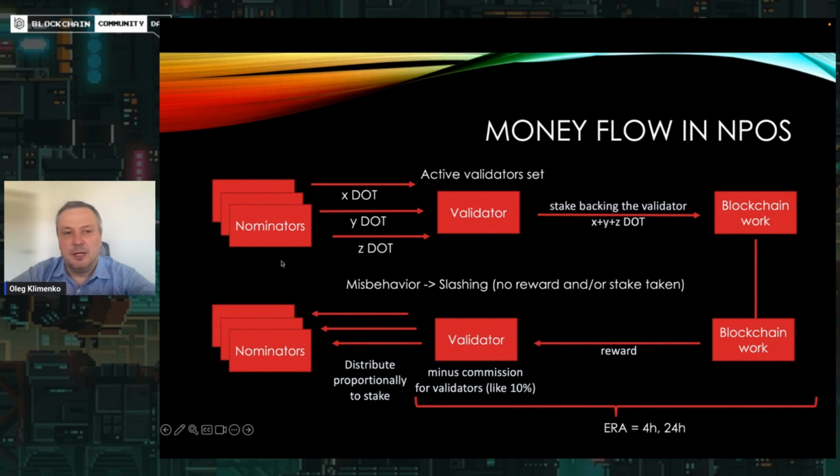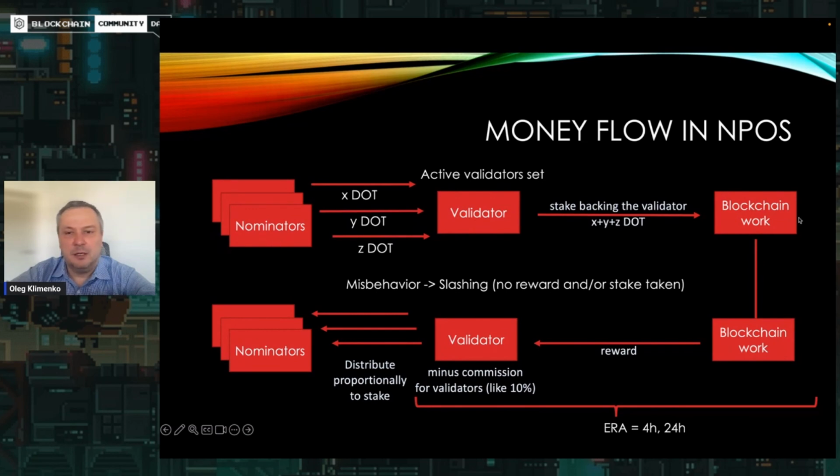How is it done? I will be brief here to explain this change in Polkadot. Nominators should have some money, some DOT tokens. They reserve these tokens to elect validators, and validators accumulate all these tokens to do the actual work inside the blockchain. Of course, not all validators are selected, not all nominators are selected.